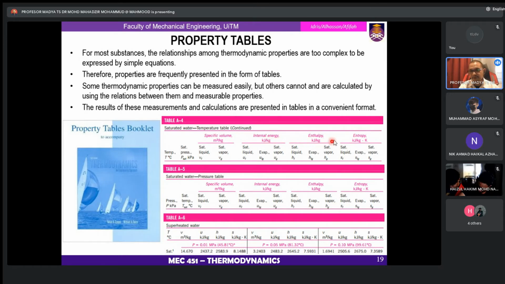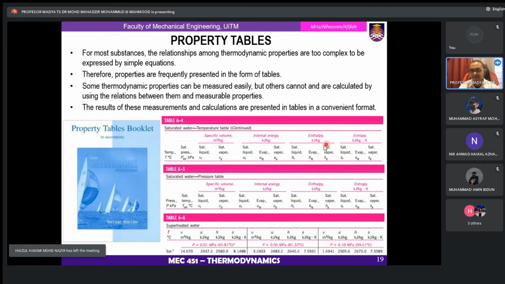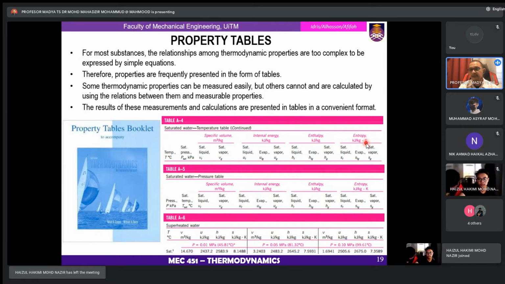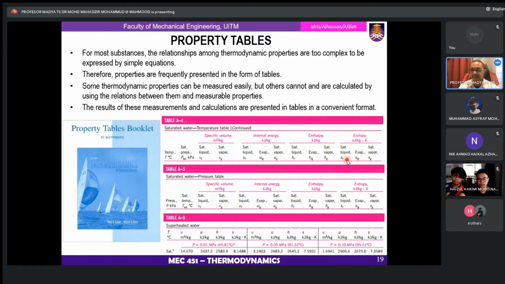It also shows the property of enthalpy, the exact name being specific enthalpy because the unit is per kg, and also specific entropy, symbolized by S. Dia juga tunjuk kat sini sf, sfg, sg.